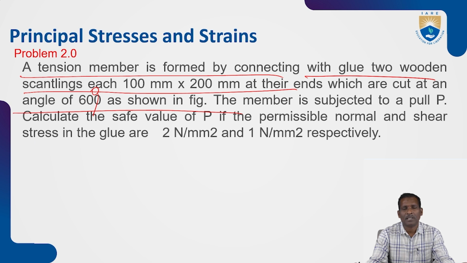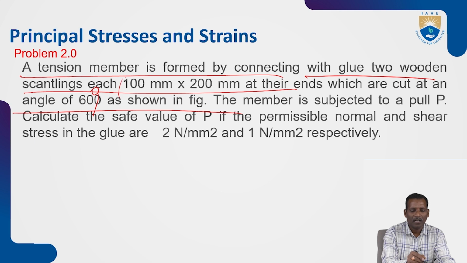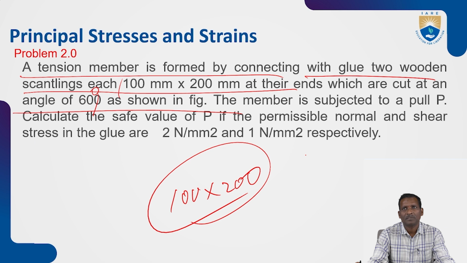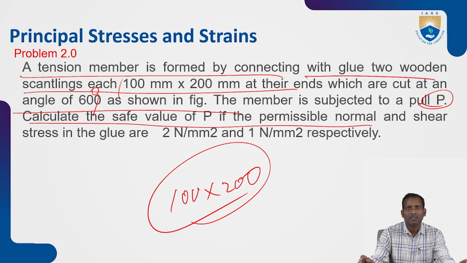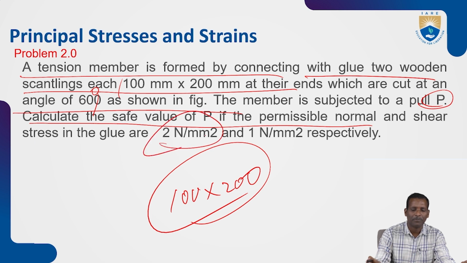The member is subject to a pull P. Calculate the safe value of P, if the permissible normal stress in the glue is 2 Newton per mm square and the permissible shear stress is 1 Newton per mm square.